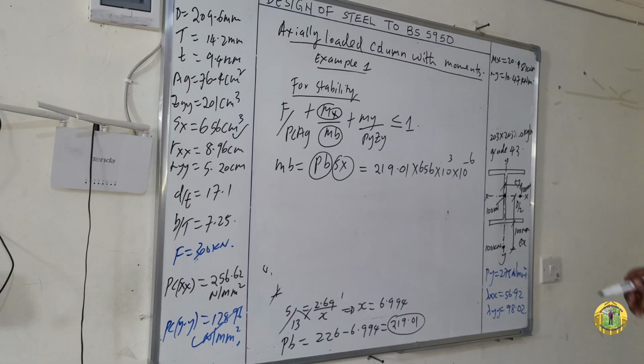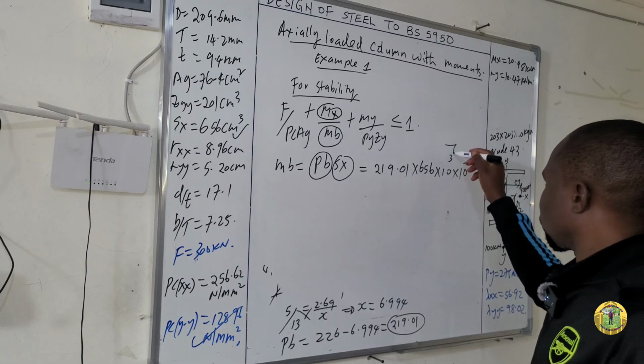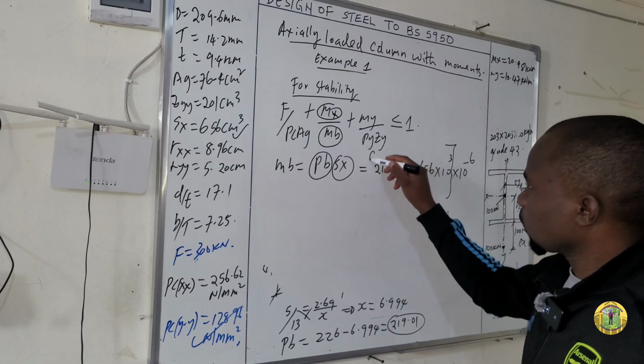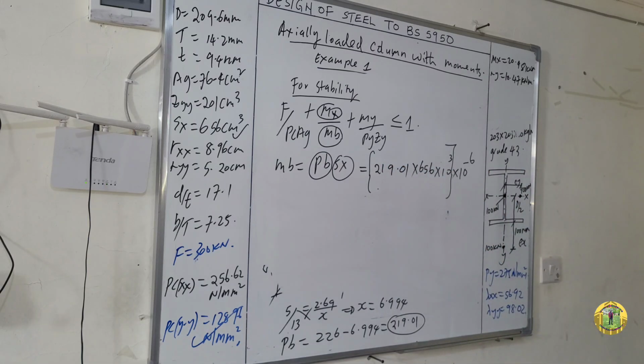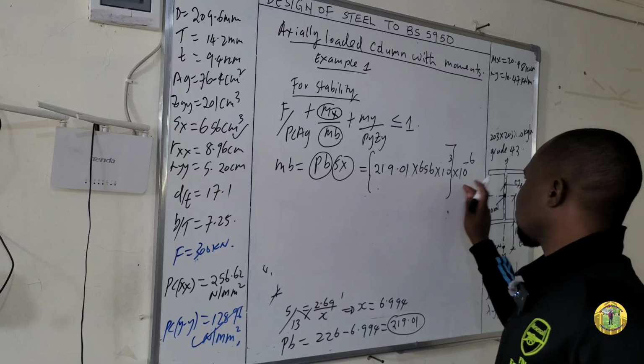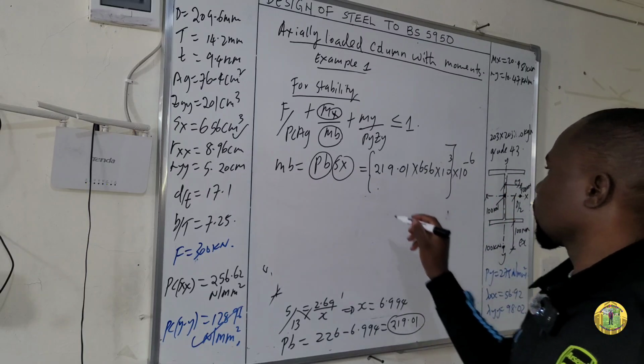Because if we work on this, we will get our answer in Newton millimeter, but we want our answer to be in kilonewton meter. So you multiply by 10 to the power of -6.